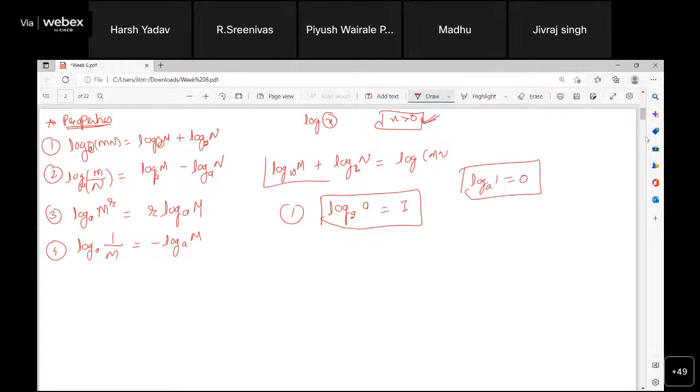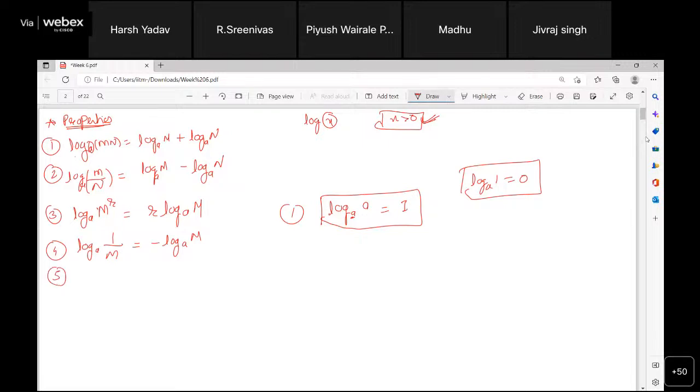It is not correct. The base should be the same. Log of m to the base 10 and log of n to the base 2 is not equal to log of mn. So the base should be the same. Please remember while applying this formula, you have to keep the log base the same. Then only you can apply these properties.